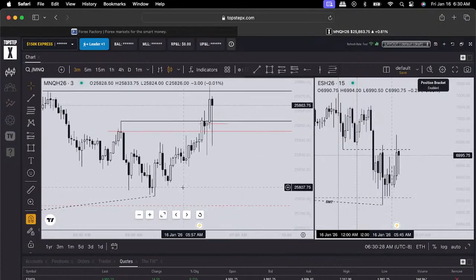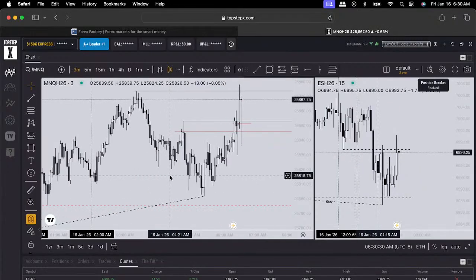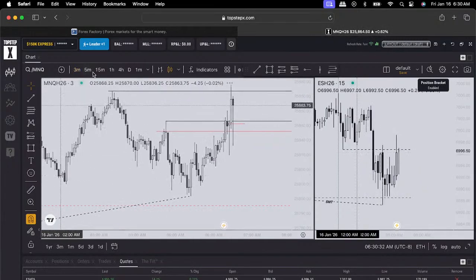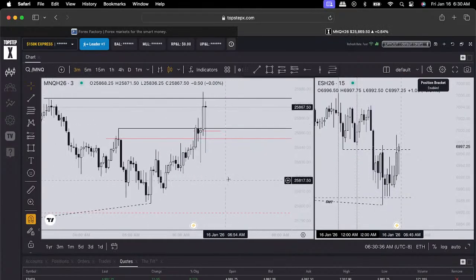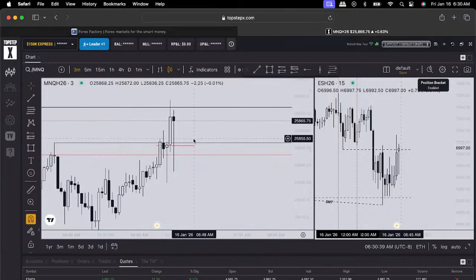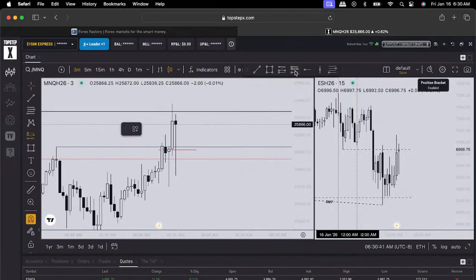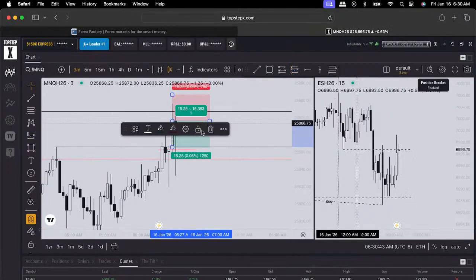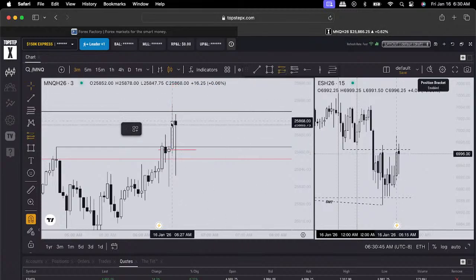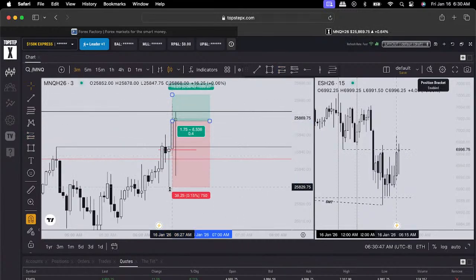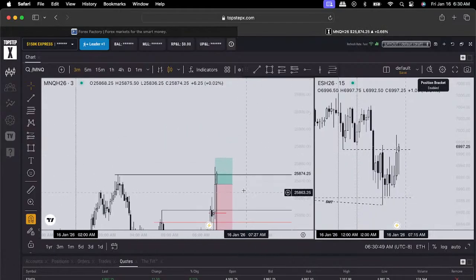But we might hold that, to be honest. I'm not going to place the trade, but this is a trade I see that could possibly work out if we just want to pump up.